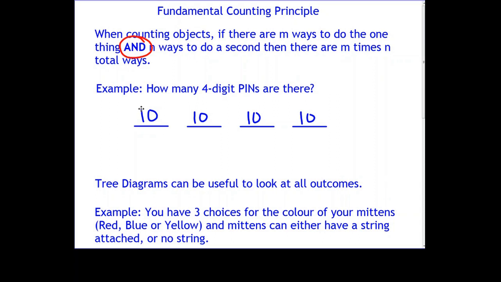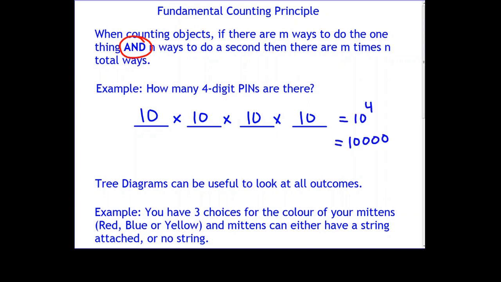So the total number of ways to have a pin that's 4 digits in length is 10 times 10 times 10 times 10 possibilities. We can write that as 10 to the 4, which is also equal to 10,000. If you think about that for a minute, it kind of makes sense.